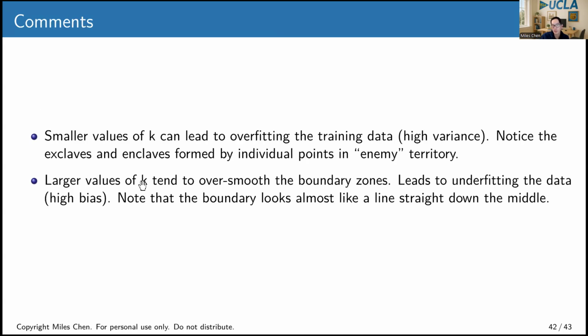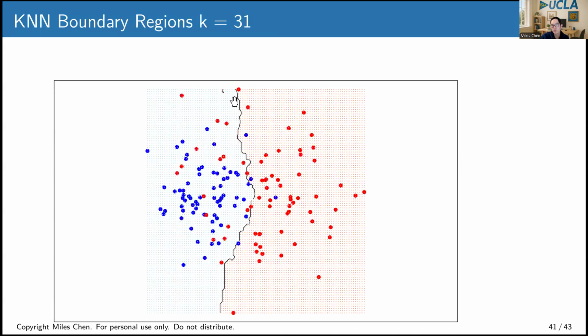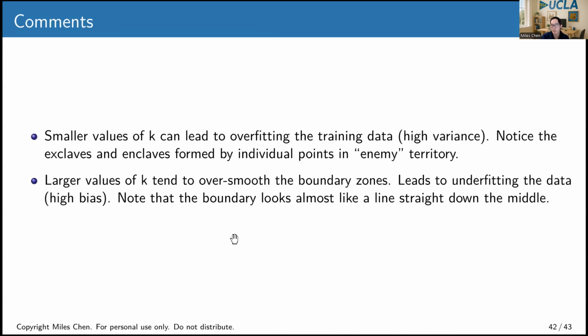Okay. Whereas if you have larger values of k, they tend to over smooth the boundary region. You lose a lot of local influence, which may or may not be desirable. So you end up underfitting the data a bit. Okay.